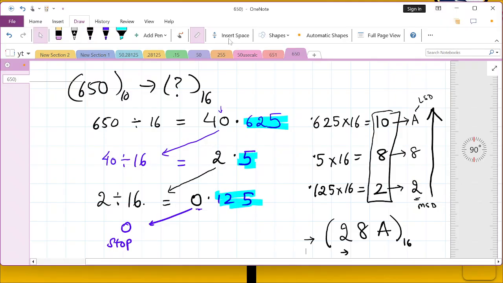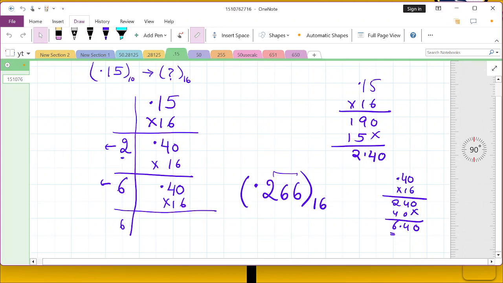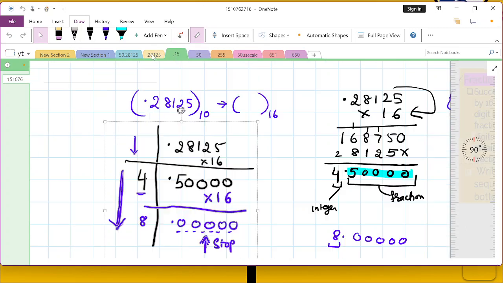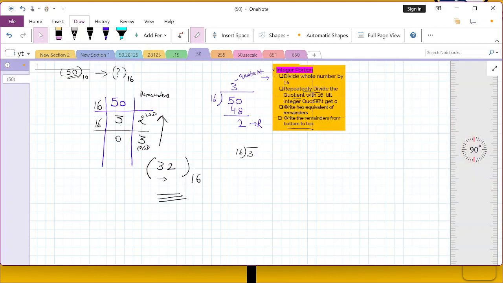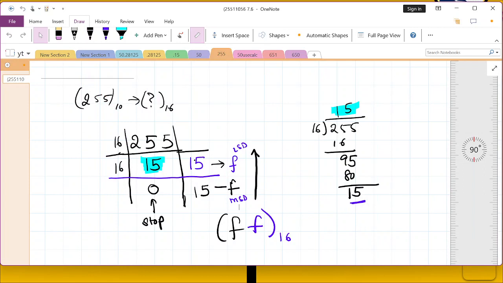So we will just see all the examples one by one. Last, this was our 0.15, so that is repeated multiplication by 16, and this is again repeated multiplication by 16, and this is our whole number part, right? Here when you get 0, you will stop, and this is again our whole number calculation.